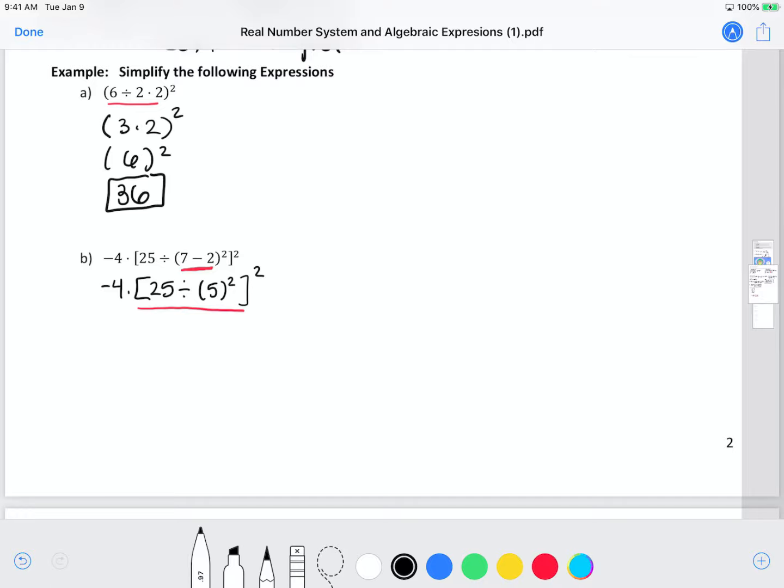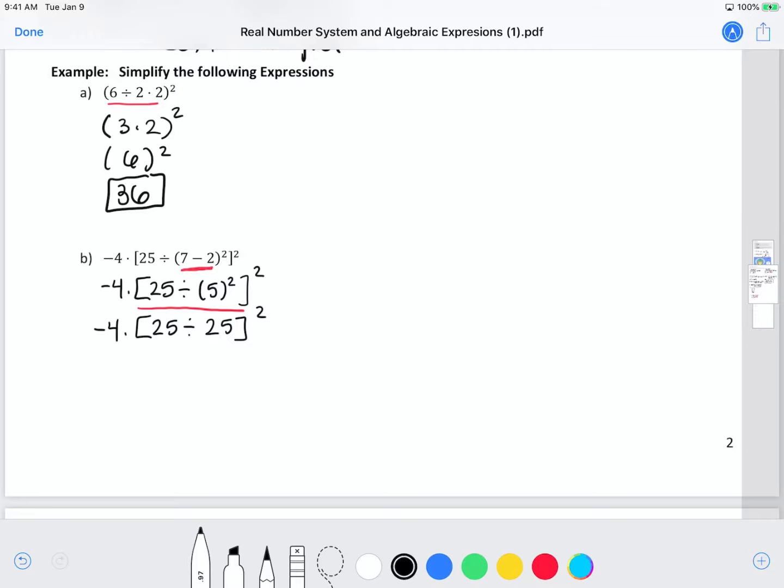So I need to do the 5 squared first. We have division and we have exponents inside that grouping symbol. So according to order of operations, I need to do exponents first. So I'm going to take the 5 and I'm going to square it.